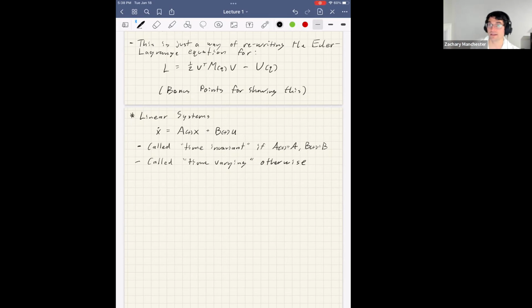That actually shows up a lot in walking systems. If you have a periodic walking gait, you can end up turning that into a linear periodic system, and there are special properties there that you can take advantage of. These are super important in control theory and control design, so they're everywhere.